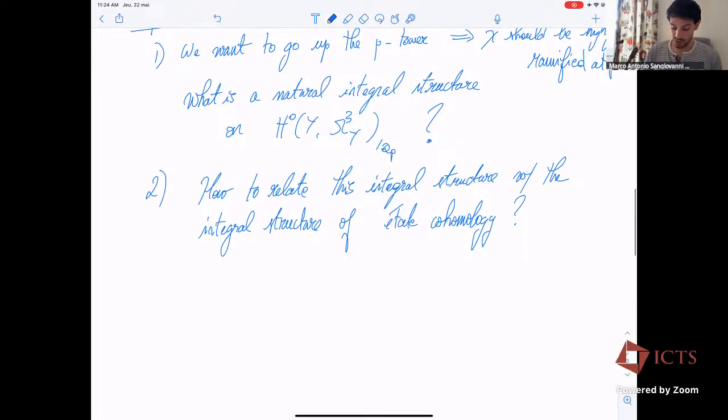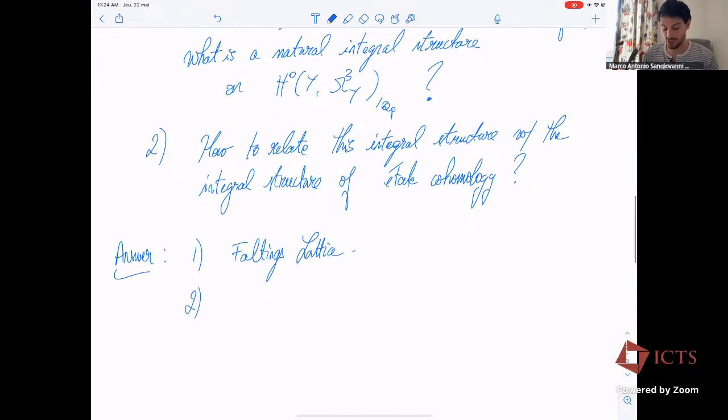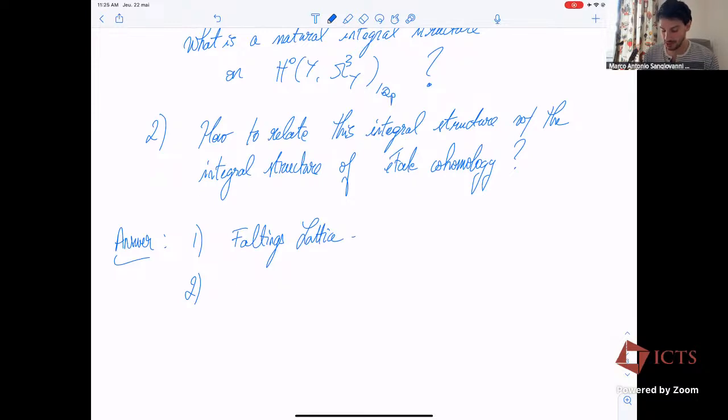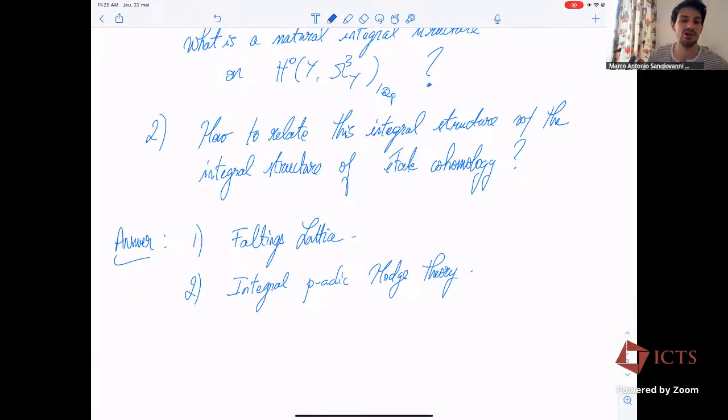Okay, so the answer, and it will be the point of this talk, is, the answer to one is what I call the Faltings lattice. And the answer to point number two is exactly the integral p-adic Hodge theory, whose purpose is precisely to relate the integral structure of coherent cohomology to the one in étale cohomology.